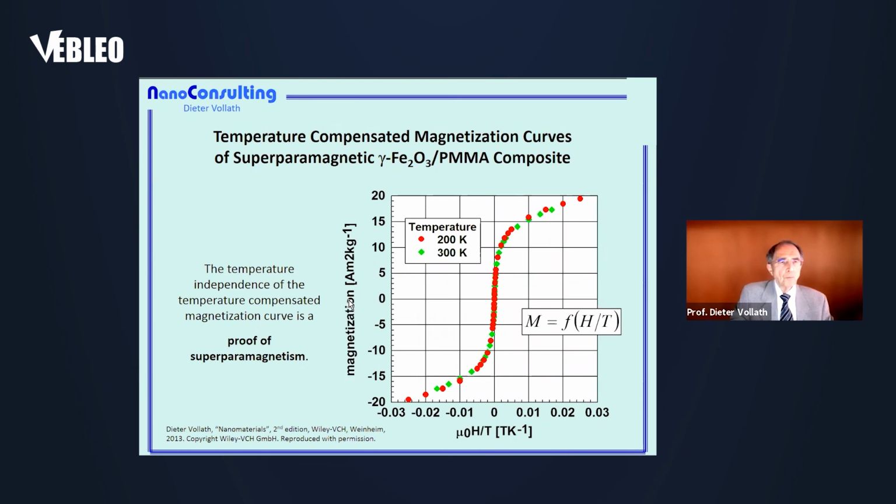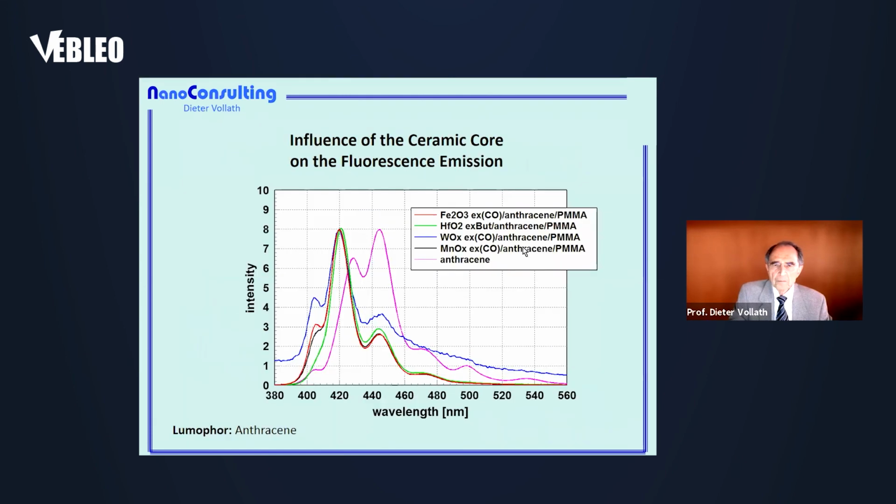One can also prove that this is really so-called superparamagnetism by plotting the so-called temperature compensated magnetization curves. In this case, the magnetization curve, as you see it here, is temperature independent. This is a very sensitive proof of superparamagnetism.